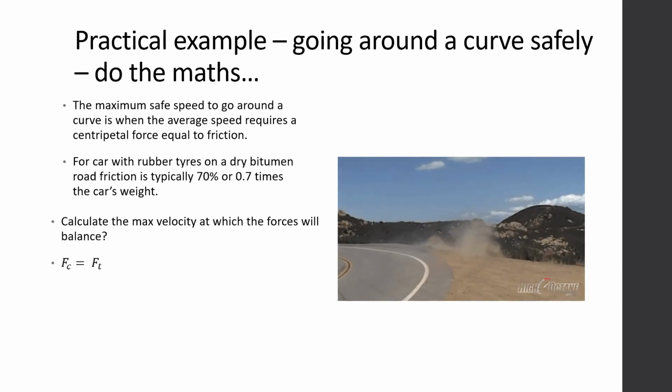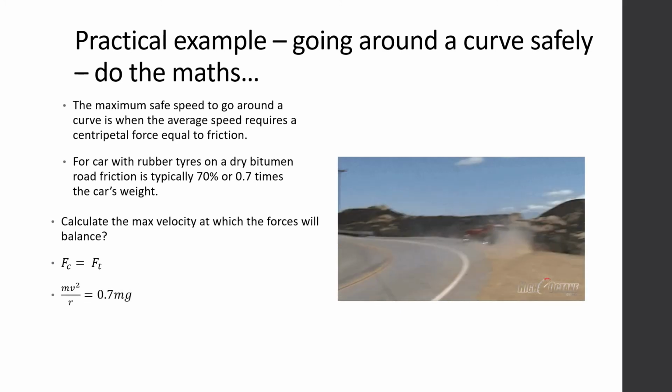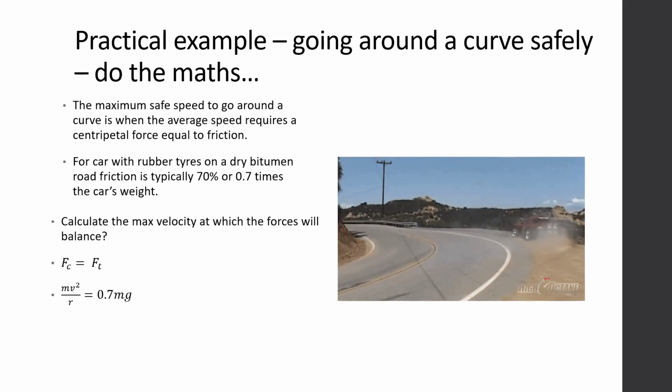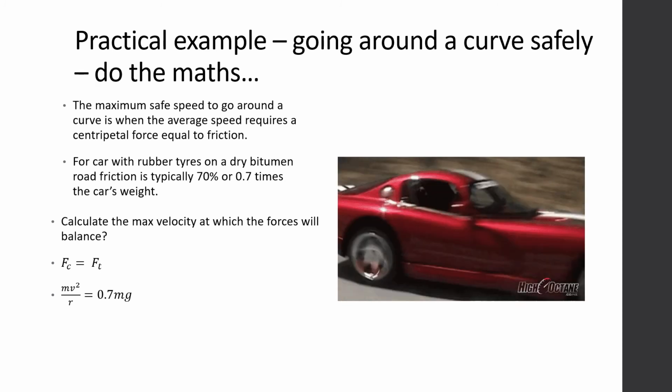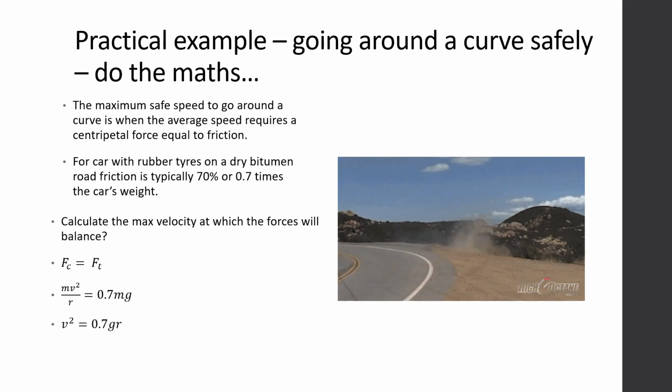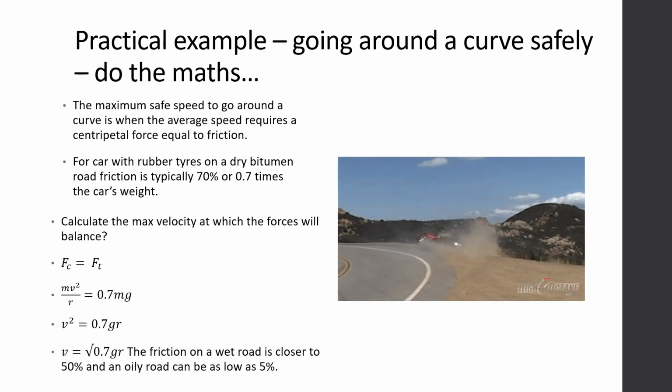So in this case, the centripetal force will be equal to the friction force. It should be FF and FC, sorry. So mass times velocity squared over R will be equal to 0.7 the weight, which is mass times g. So we can cancel out the masses, and that gives us v squared equals 0.7 g R. So v equals the square root of 0.7 g R.